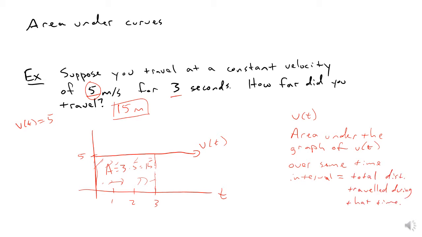So what we're going to be looking at in this section is how do we find the area under a graph? In this case our curve was a straight line, but you can come up with other functions that aren't a straight line, and what if you want to know the area under those? How do we find that area?